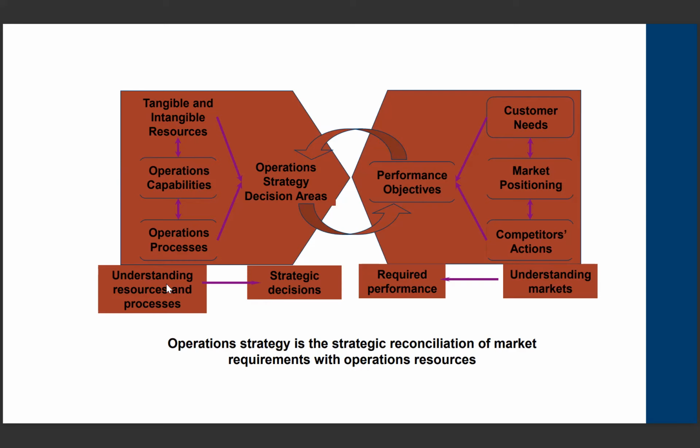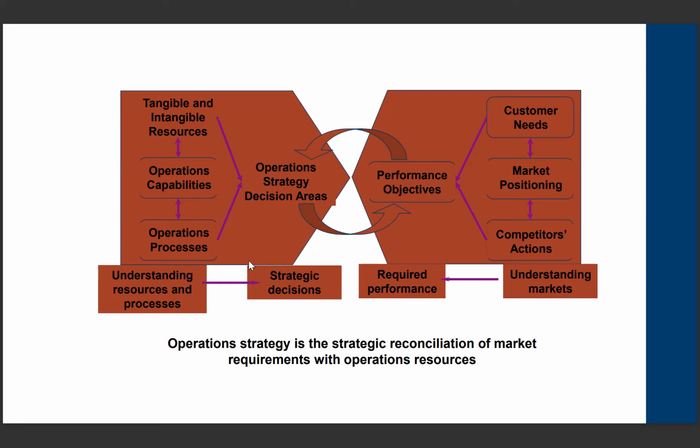That's what we basically do in our assignment in the operation management module. We have to identify whether they are tangible or intangible resources, software resources or raw material. Then what are our capabilities, what are our factory capabilities, and what is the process going on in the factory.